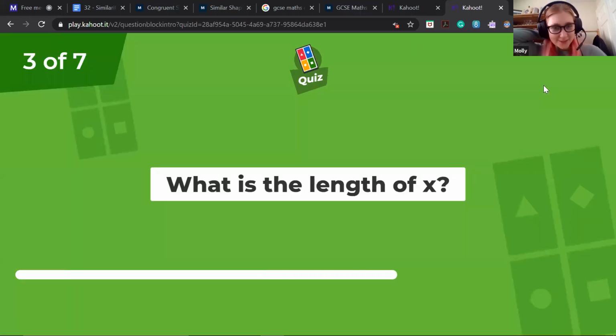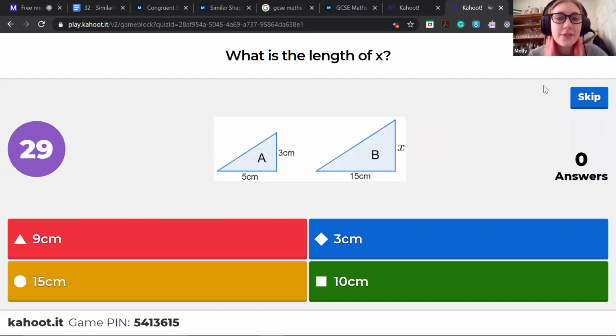Okay. So here, what is the length of X? Now we're moving on to similar shapes. If you don't know what similar shapes are, or you have no idea what this question means or how to do it, don't worry at all. I don't expect this to score very highly at all. So that's okay.